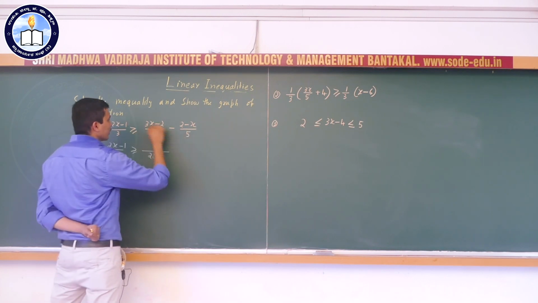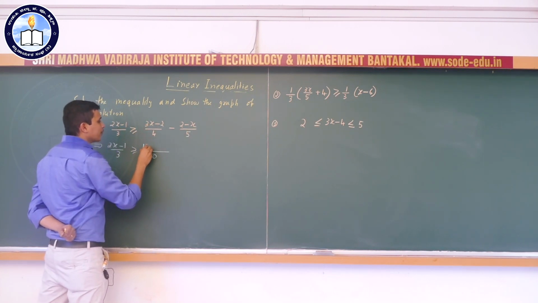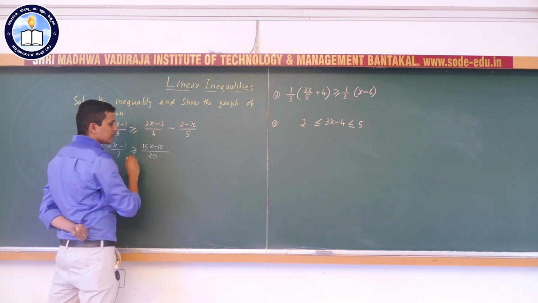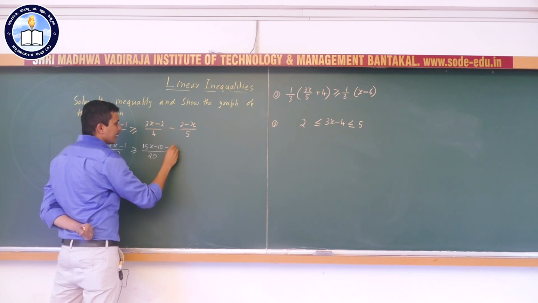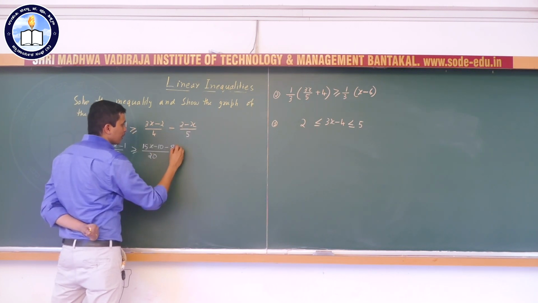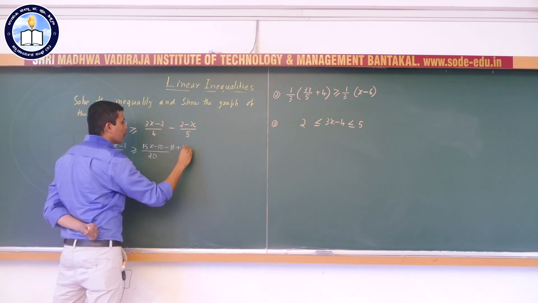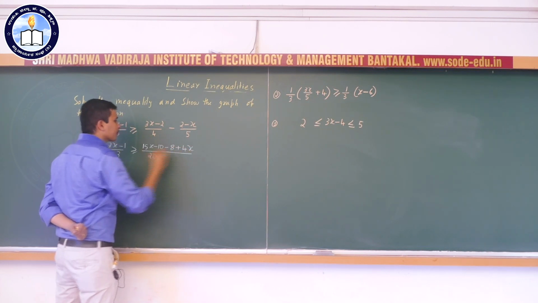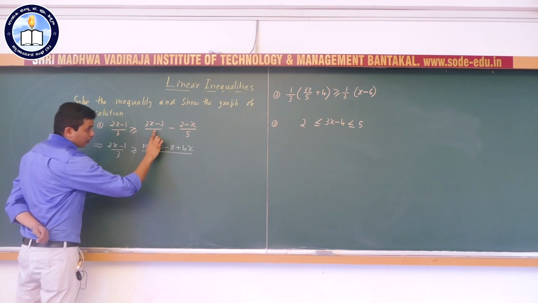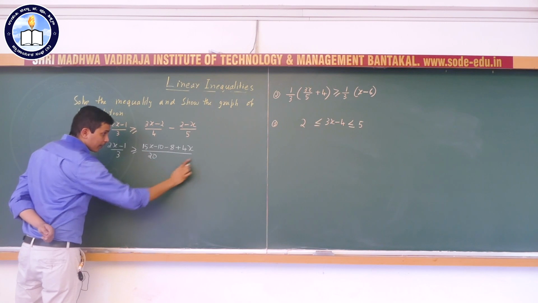So it is 15x minus 10, and here it comes with the minus symbol. So it is minus 8, so minus or minus comes plus, and then multiplying by 4, it gives 4x. I didn't cross that inequality, just keep it in mind while simplifying this one.